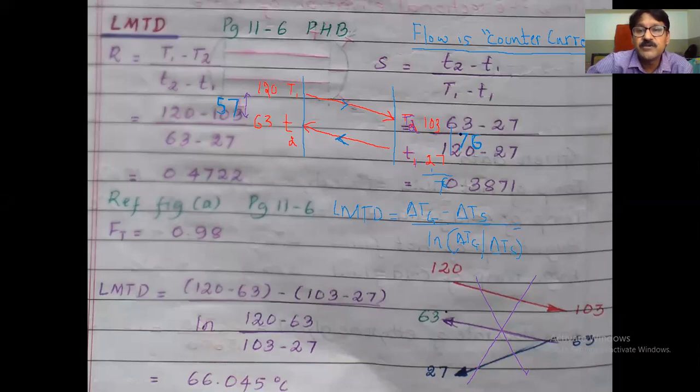Which one is greater? 76 is greater. Therefore, I'll write 76 minus 57 divided by ln of 76 by 57. What we have discussed in the class. Can you see this one? Yes or no?